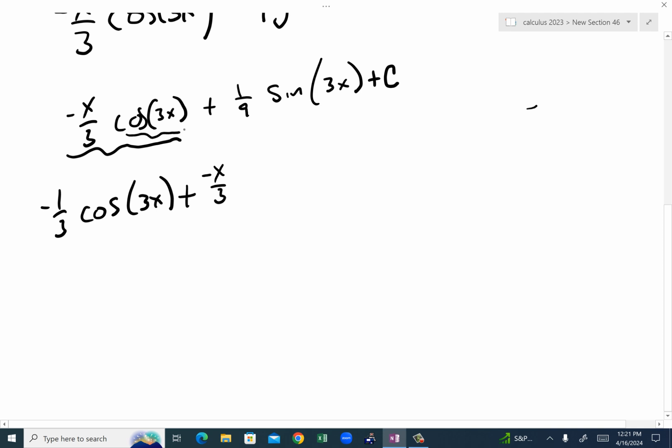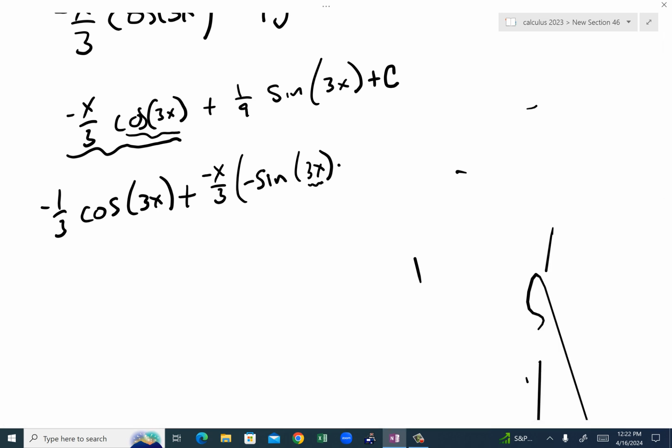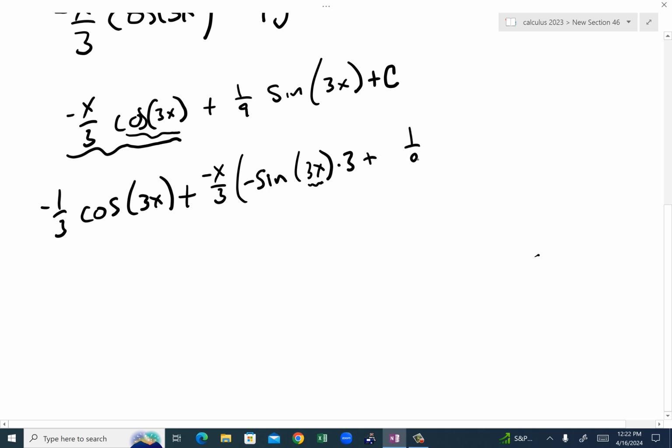And what's the derivative of cosine of 3x? It's negative sine of 3x times the derivative of the inside. What's the derivative of 3x? Times 3. And then plus 1/9.